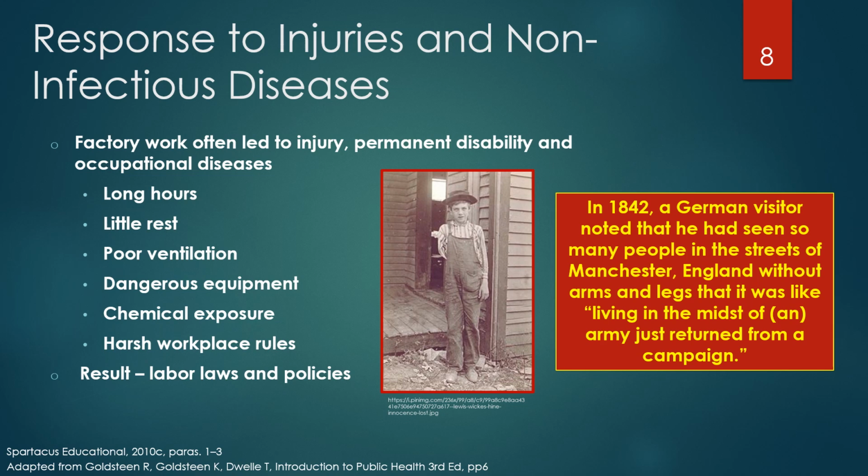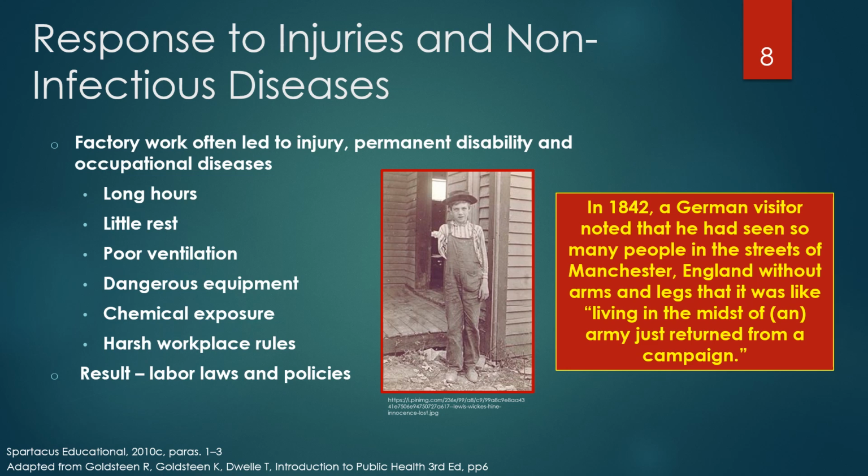One hospital in England reported that every year it treated nearly 1,000 people for wounds and mutilations caused by machines in factories. In 1842, a German visitor noted that he had seen so many people in the streets of Manchester, England, without arms and legs, that it was like living in the midst of an army just returned from a campaign.